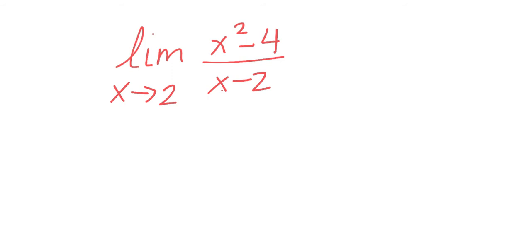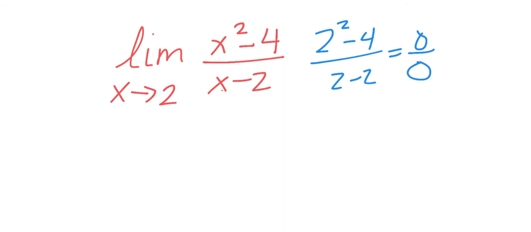We plug in, we get 0 over 0. That does not mean that our answer is 0. That does not mean that our answer is DNE. That does not mean that our answer is 1. These are all things people try to answer here sometimes. That is not the case.